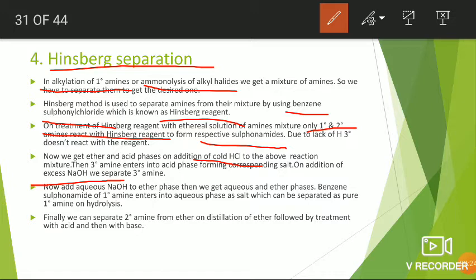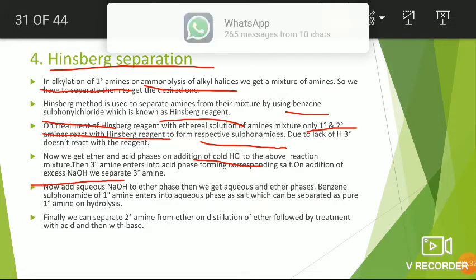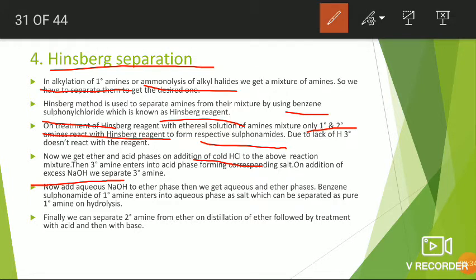The ethereal layer, or ether layer, contains the sulfonamide mixture of primary and secondary amine. Now we have to add base, that is sodium hydroxide, to the sulfonamide mixture in ether solution.